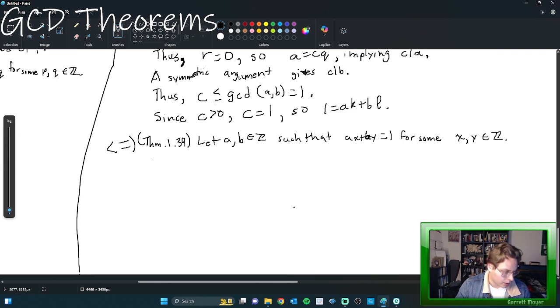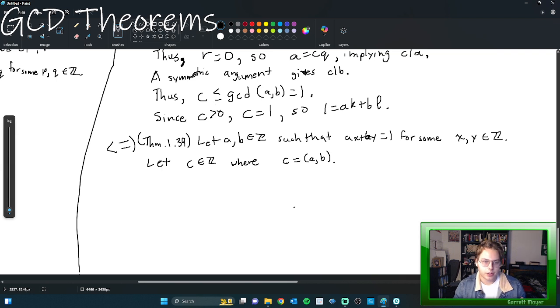And then we're going to let C be an integer where C equals GCD of A and B. Okay, so all that I'm doing here is just writing the greatest common divisor of A and B as C. It's just for notation purposes, so that we can write this out a little bit quicker.